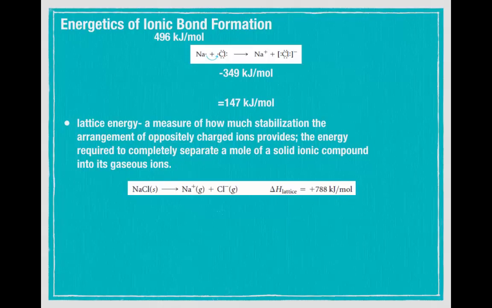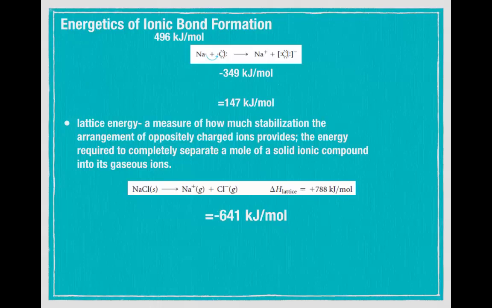Now, notice that the reaction that I'm showing here is actually the exact opposite of what is occurring in the above reaction. And so the energy that's involved is actually not positive 788 kilojoules per mole. It would be negative 788 kilojoules per mole.